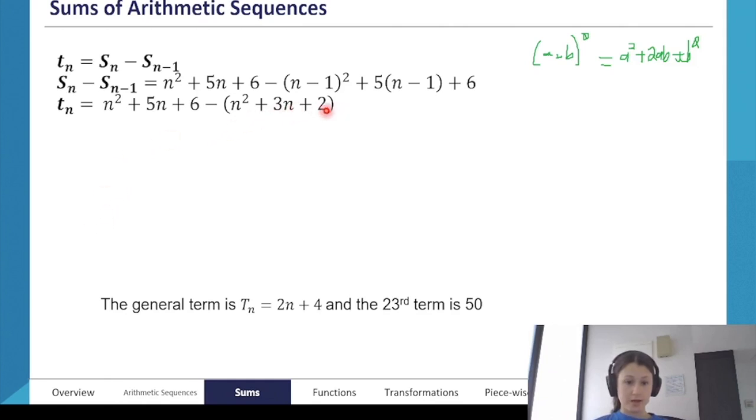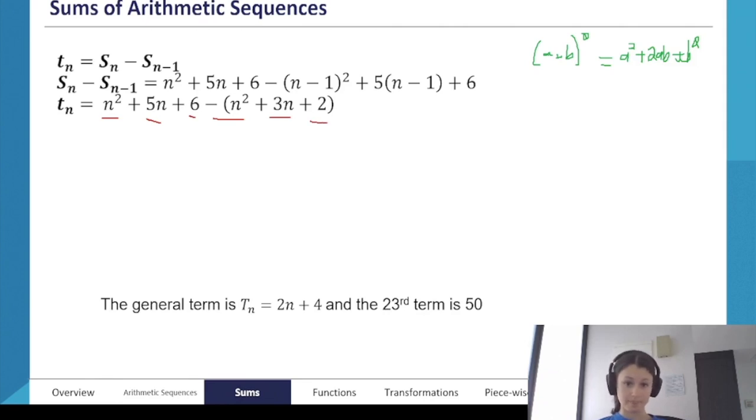Now that we have simplified all of these in the brackets, we can simplify it even further. As you can see, these two n squareds are going to cancel out because we have n squared take n squared. The 5n take 3n are common terms, and then we're going to have 6 plus 2.